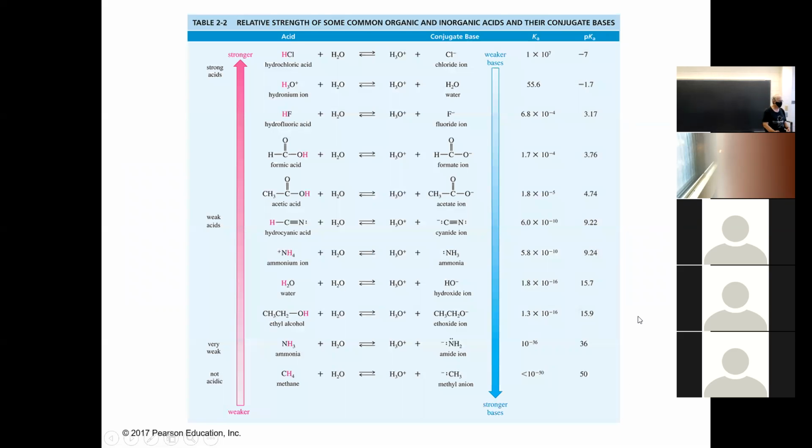Here we go. Water is 15.7. So hydrochloric acid, being a stronger acid than water, cannot exist. So it dissociates all the way to hydronium.